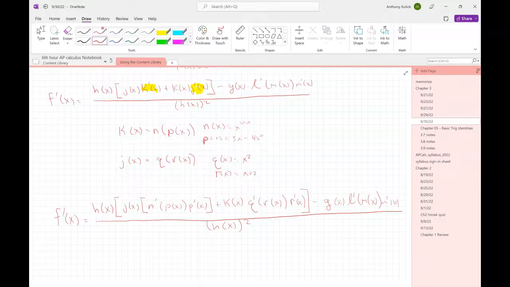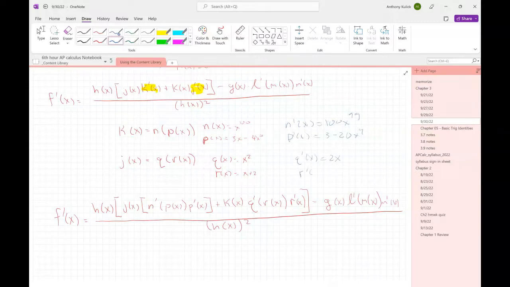Now here's the good part. From here it's easy, right? Because the derivative of n of x is 100x to the 99th. Derivative of p of x, 3 minus 20x to the 4th. The derivative of q of x, 2x.